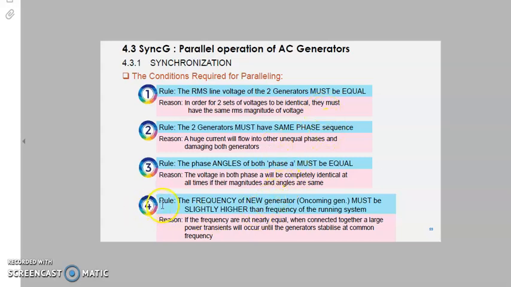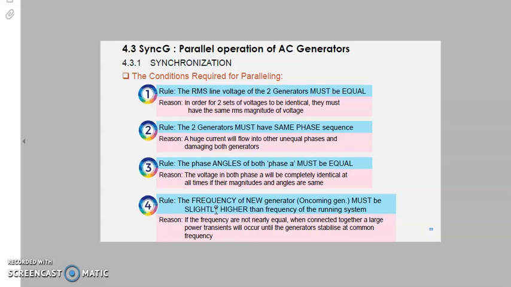And the frequency also has to be the same. And the incoming frequency must be higher, because when you tap to the load, for sure your shaft will be dragged a little bit. When you are free running and then you put load, for sure your speed will be reduced.